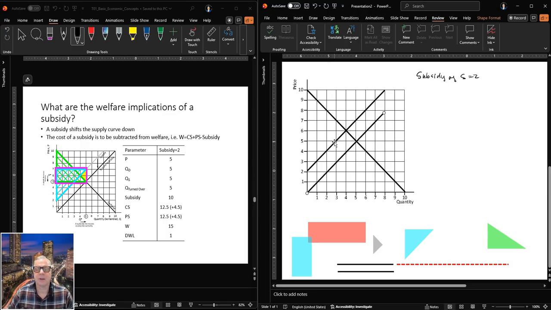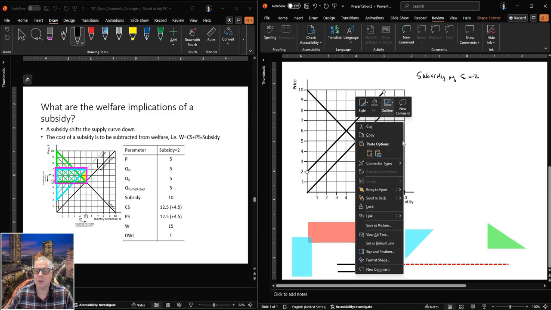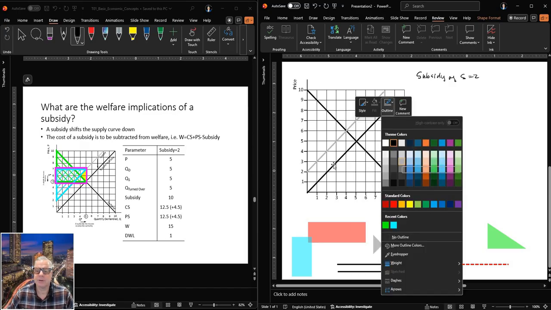Okay, so maybe this needs to go maybe here. So the new supply function is this one, so I just gray out the old one a little bit.